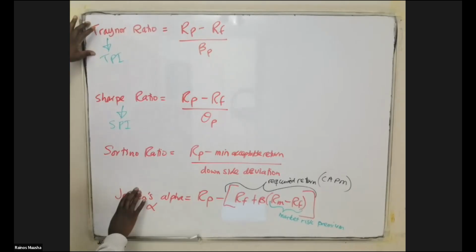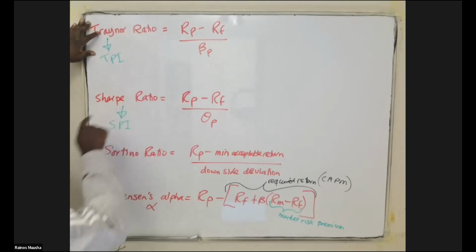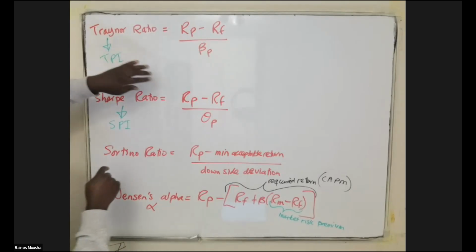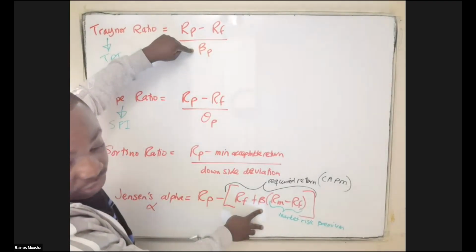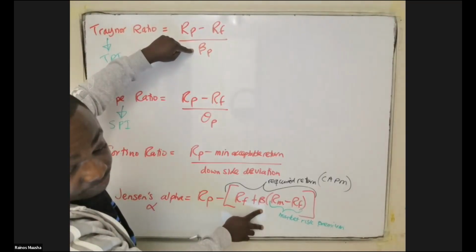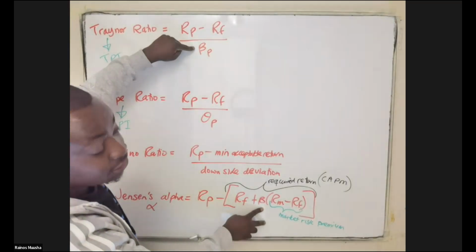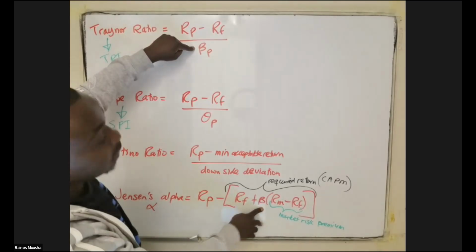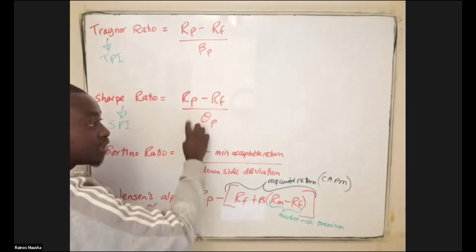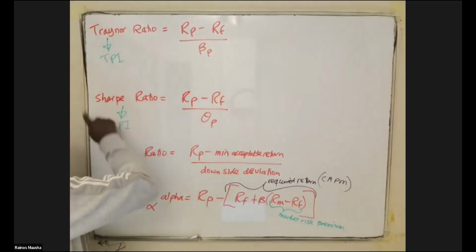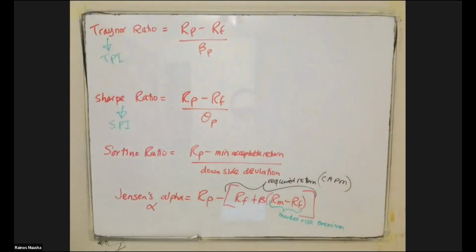You choose the Sharpe ratio. Why? Because these two assume that the securities are fully diversified. And it's not all the time that the securities are fully diversified. If the securities are not fully diversified, it means the relevant measure of risk would be the standard deviation. Hence, you choose the Sharpe ratio.